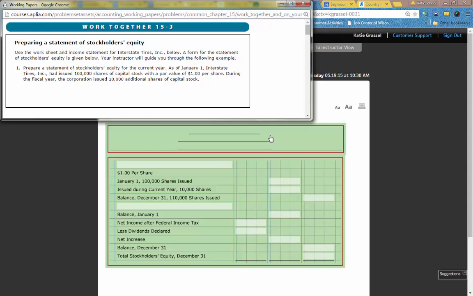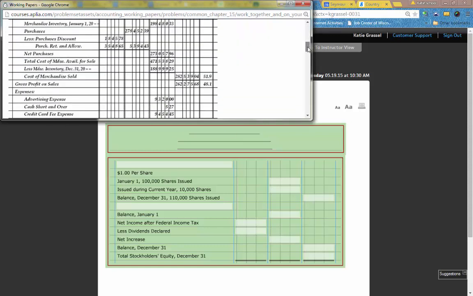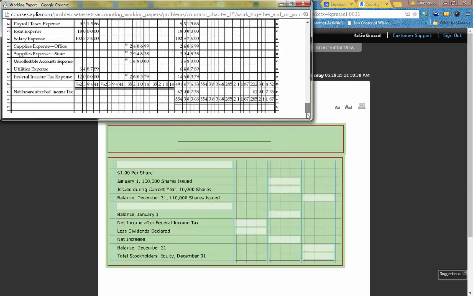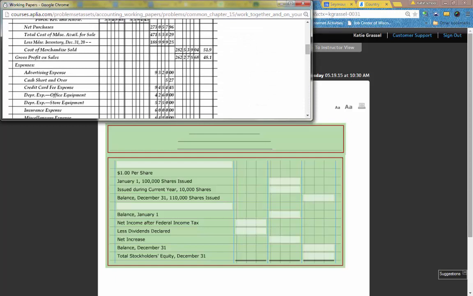As of January 1st, Interstate Tires had issued 100,000 shares of capital stock with a par value of $1 per share. During the fiscal year, the corporation issued 10,000 additional shares of capital stock. Now, the other thing that they gave you on here is going to be their income statement and a worksheet. So they give us our previous financial statements. Why do they have to give us the income statement?